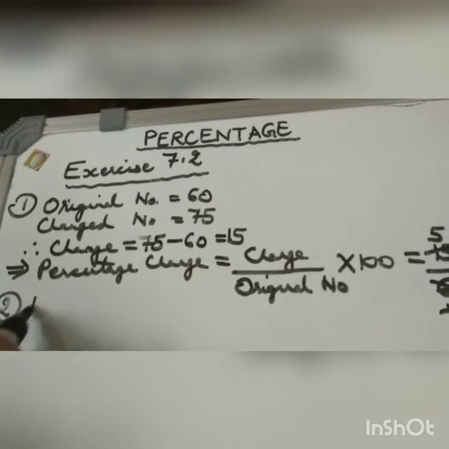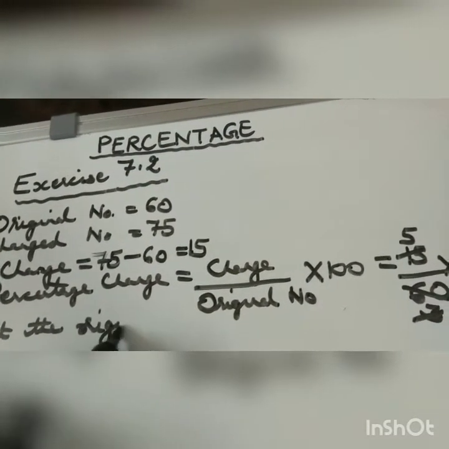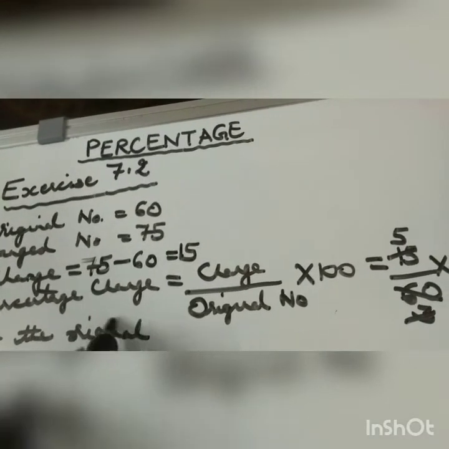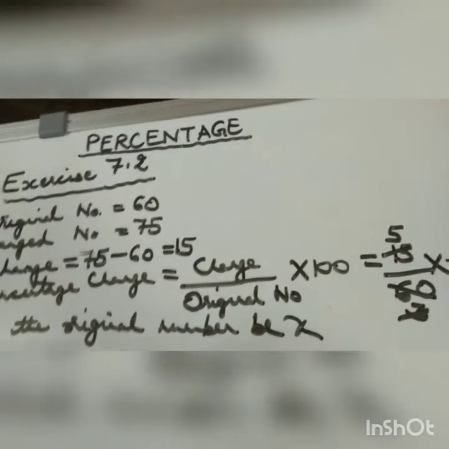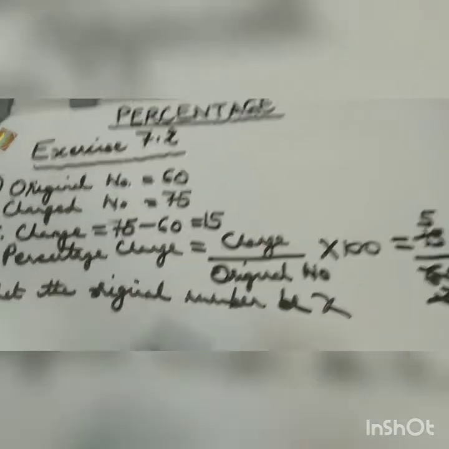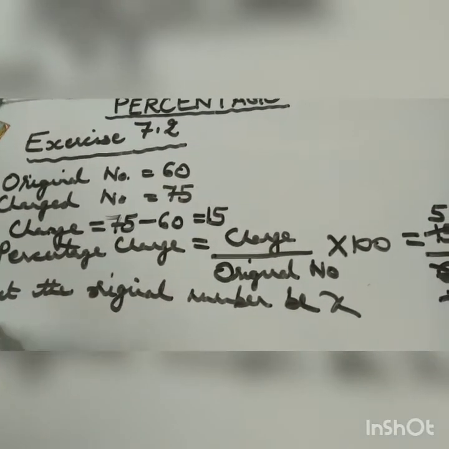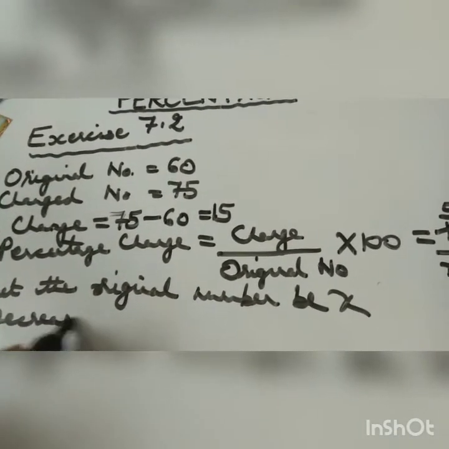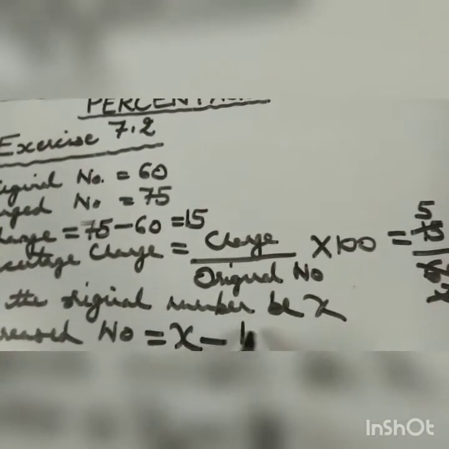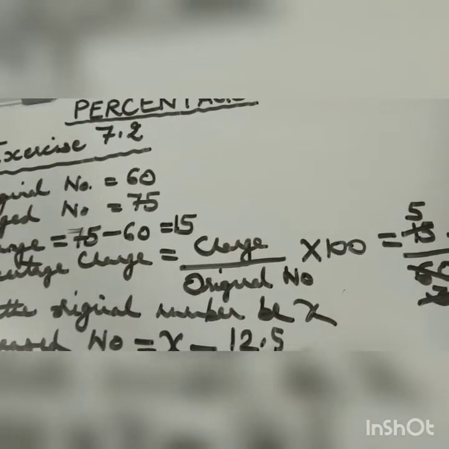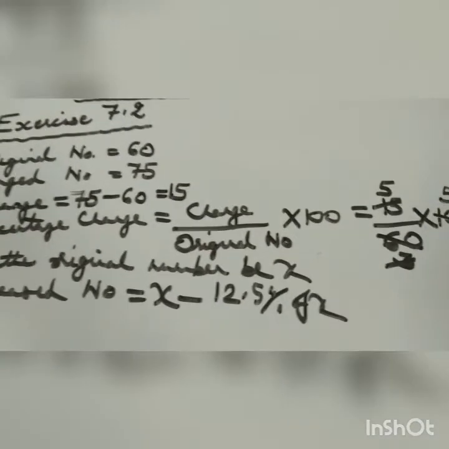Let the original number be x, obviously. Now, if the original number is x, what will be the decreased number? The decreased number will be x minus 12.5% of x. I hope it is very clear.